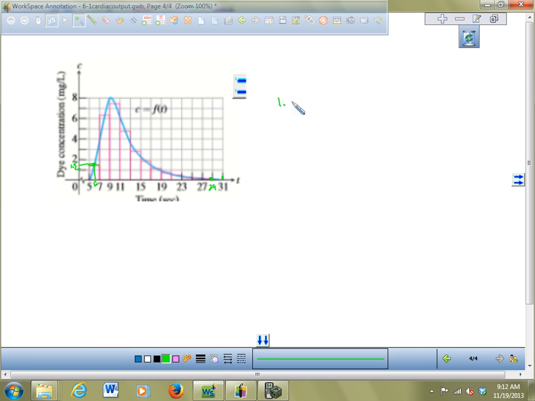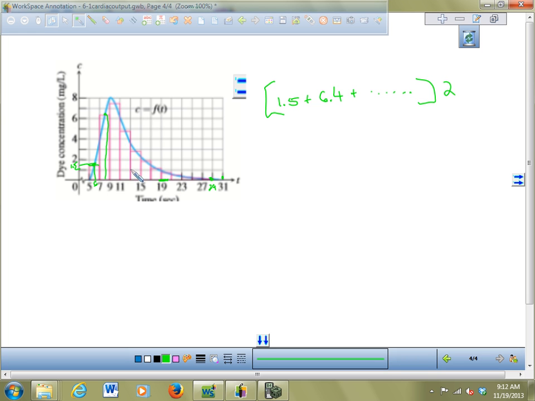So you would take 1.5 plus, and the midpoint here at 8 appears to be about 6.4, plus and so on. And then you multiply that by the width of one of these rectangles, which is 2.